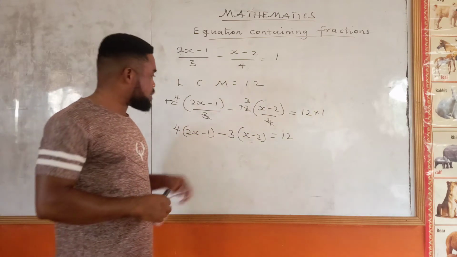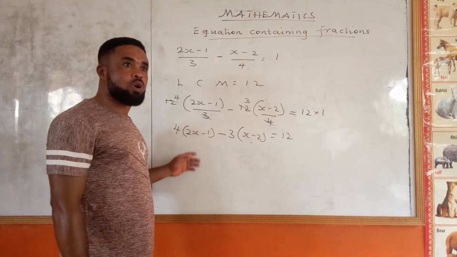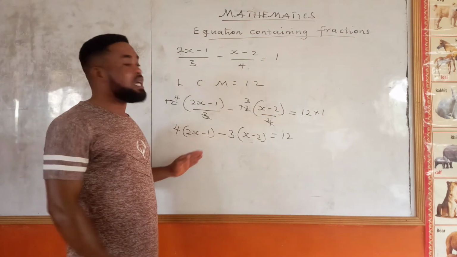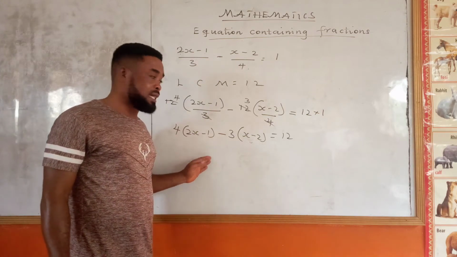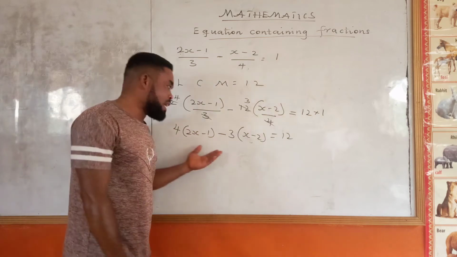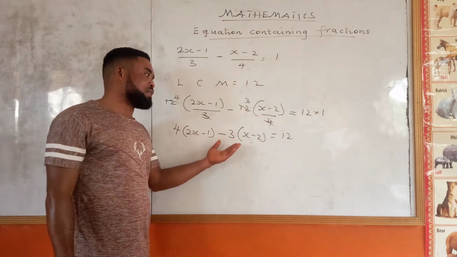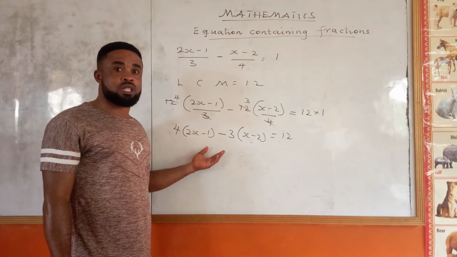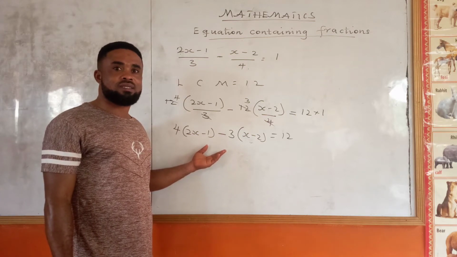I believe my students will remember this because when we were doing the algebraic expression, we did this one. So it is very, very simple. It is algebra now, just equal to something. I have taught my students and I believe you remember.